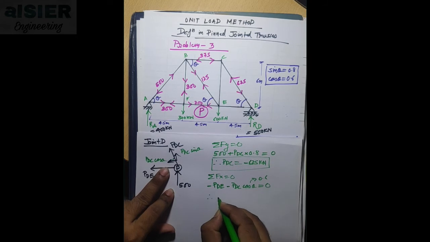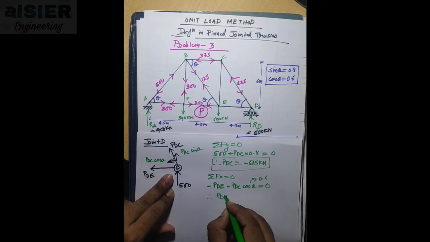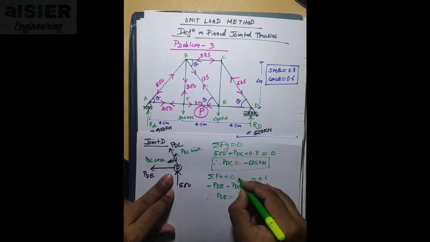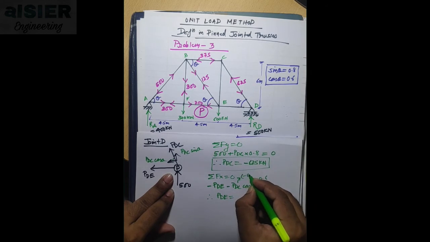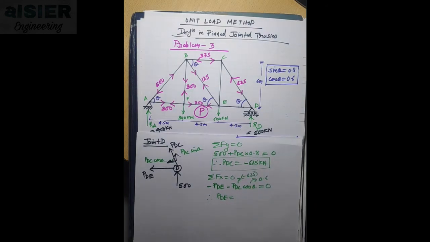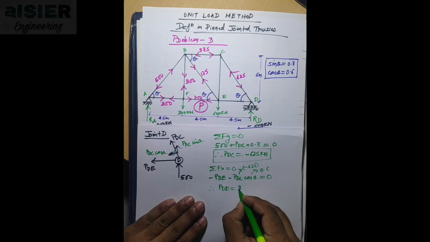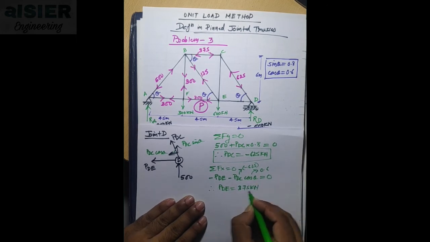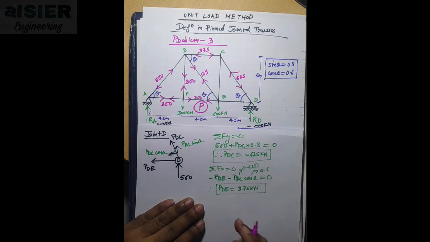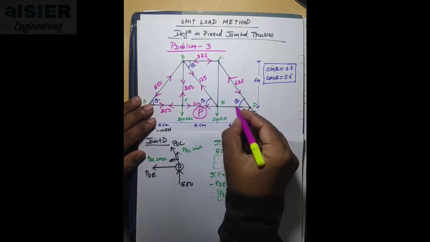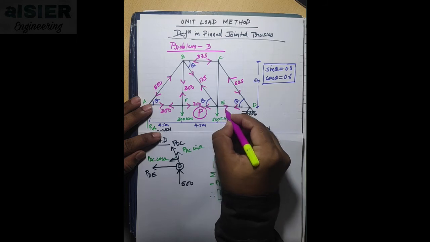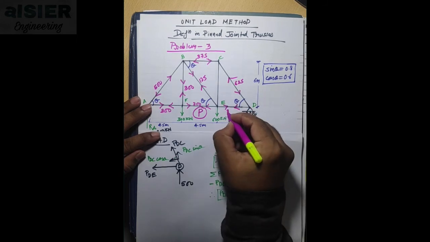Therefore PDE is equal to, and this PDC is minus 625, right? So we will get the answer as 375 kilonewton. Positive sign indicates that our assumption is correct, which was away from joint. So this is away from joint, and the answer is 375.